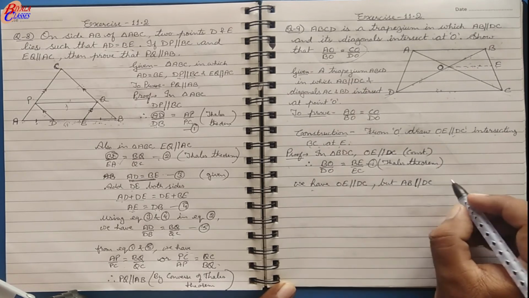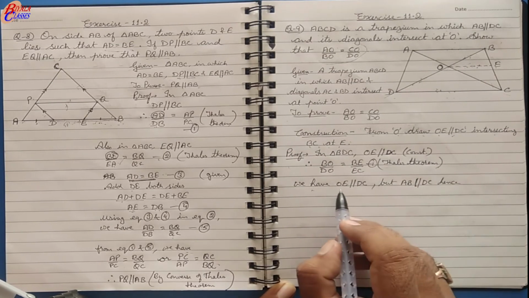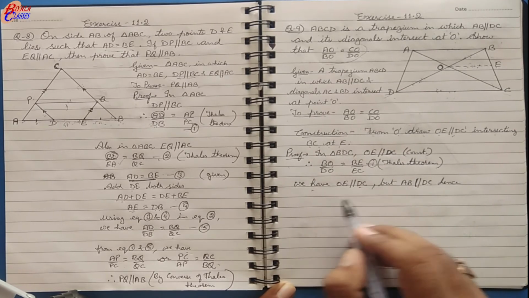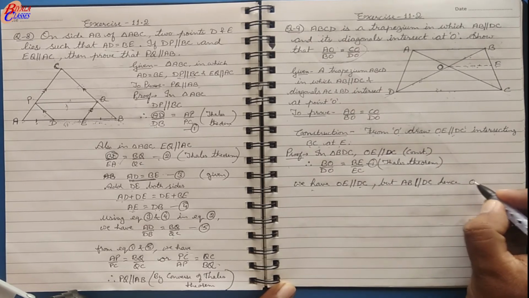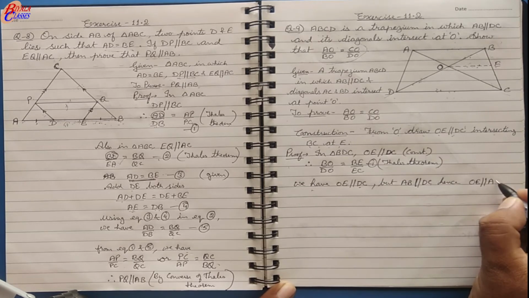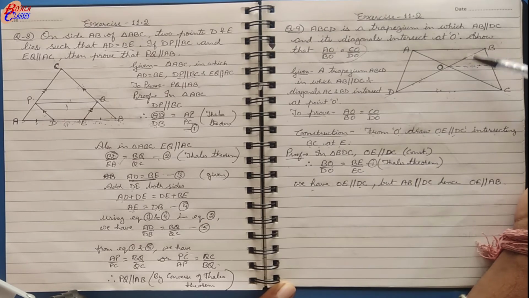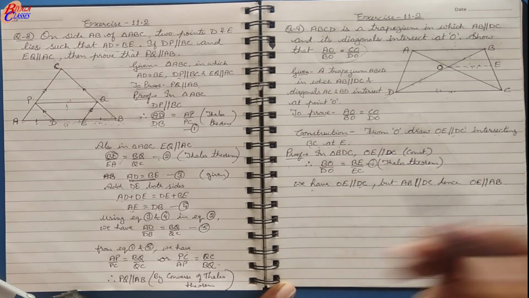So when these two are there, hence if one line is parallel to two different lines, then those two different lines are also parallel to each other. So we say OE is also parallel to AB. In simple terms, OE is parallel to DC, AB is parallel to DC, hence AB and OE will also be parallel to each other.